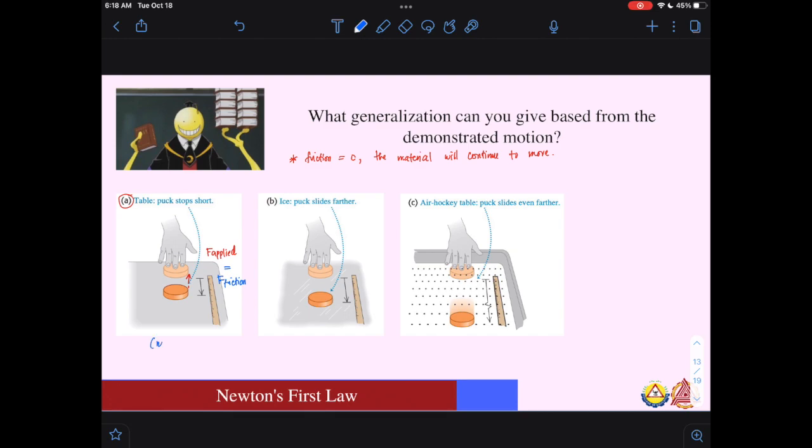I hope this is clear, because the puck is stationary, you apply a force, but the force you applied is also equal to the force due to friction, so there is no motion. And that is consistent with what we discussed here.